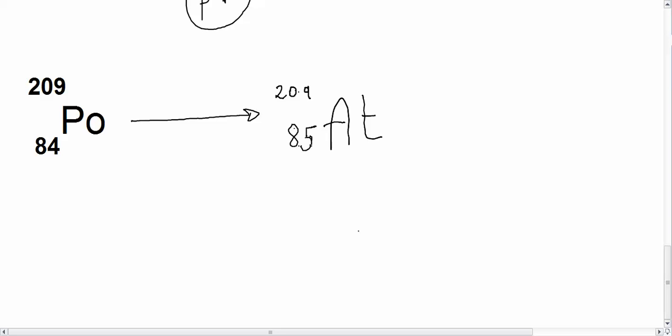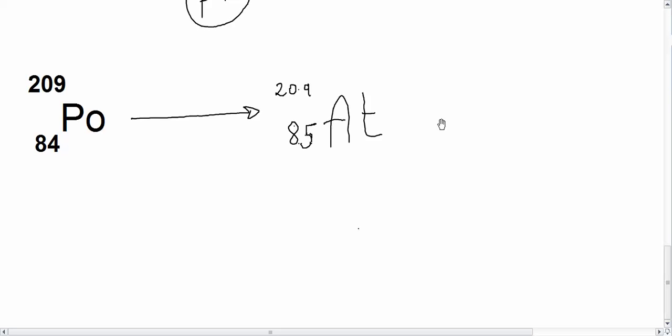I would say that when polonium undergoes beta decay, we produce At with atomic number 85 and atomic mass 209. And to finish this off, I have to add the beta particle. So plus a beta with a mass of 0 and an atomic number of -1.